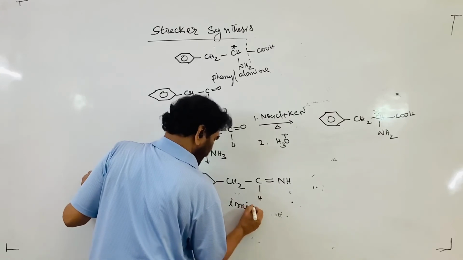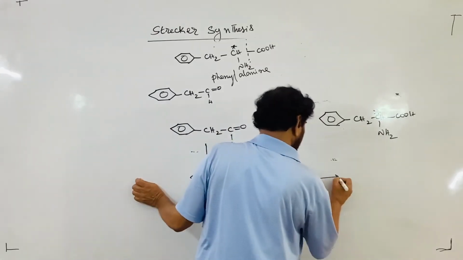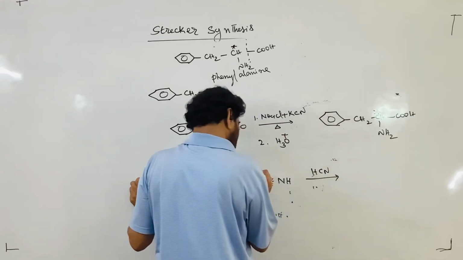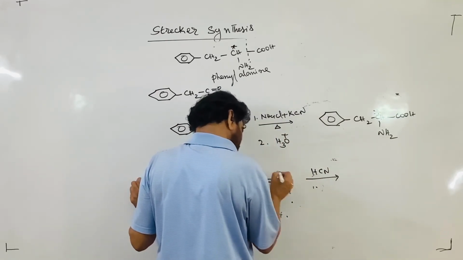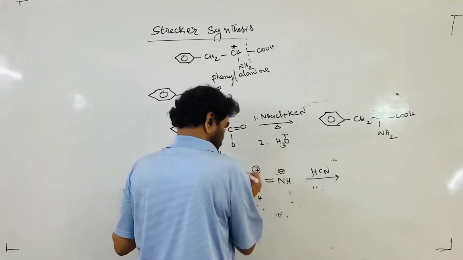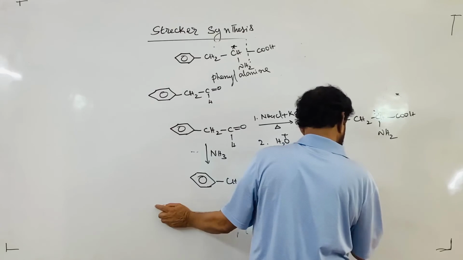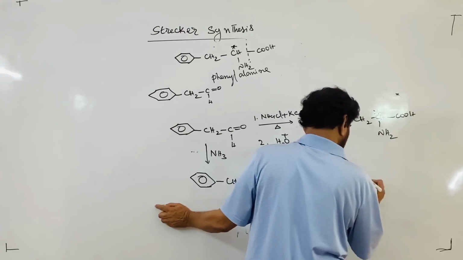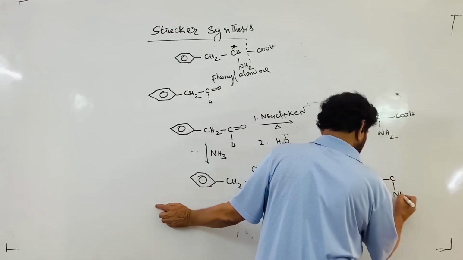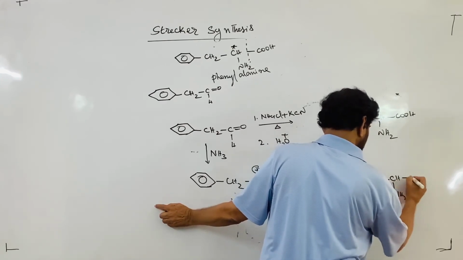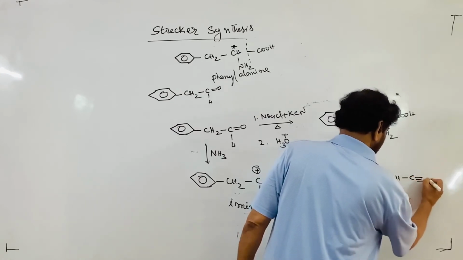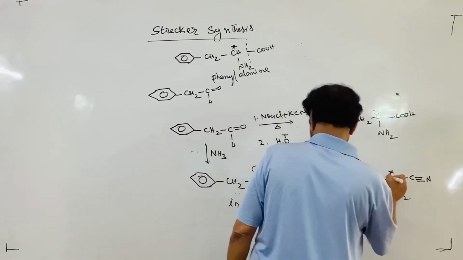This imine reacts with HCN. This is the positive part, this is the negative part, partial. Then what happens? The corresponding CNH2, C triple bond N is formed. This is the aldehyde carbon.